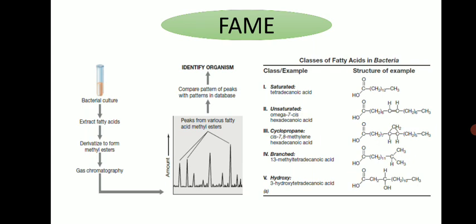First it should be grown in pure culture, and after growth, the lipids or fatty acids are extracted from that culture after hydrolyzing the cells. The extracted lipids or fatty acids are converted into methyl esters, and finally those methyl esters are analyzed by gas chromatography, or GC, and compared with an already established database of microorganisms based on their lipids or lipid content.